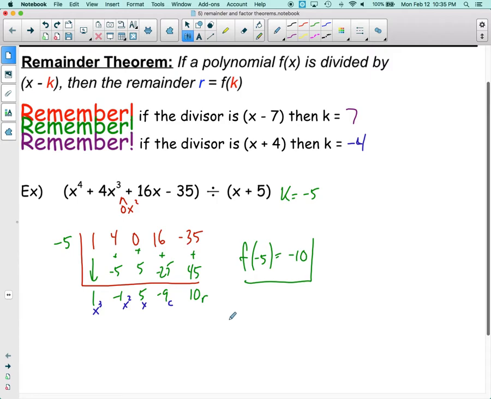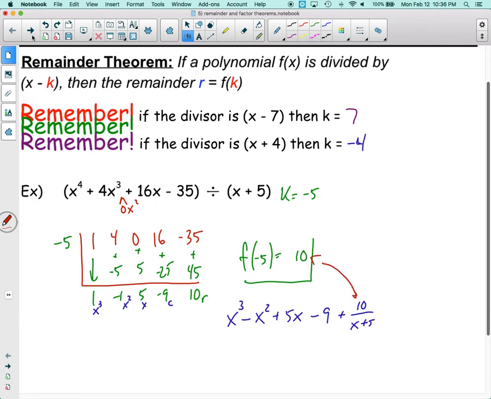So I think it's 1x cubed minus 1x squared plus 5x minus 9 plus 10 over x plus 5. Again, the remainder theorem is just about how these two things are connected. So that's what this theorem is all about.